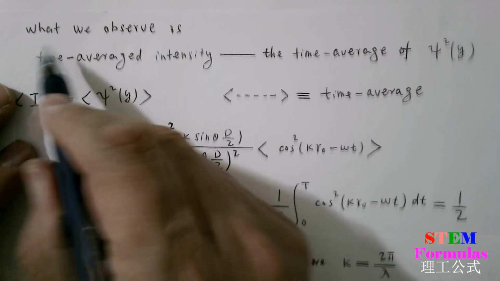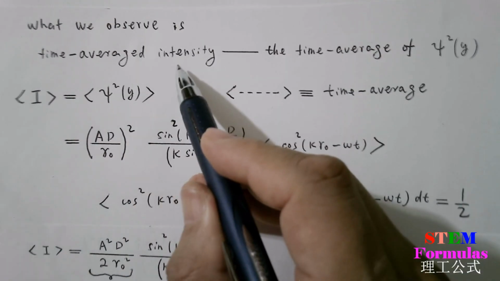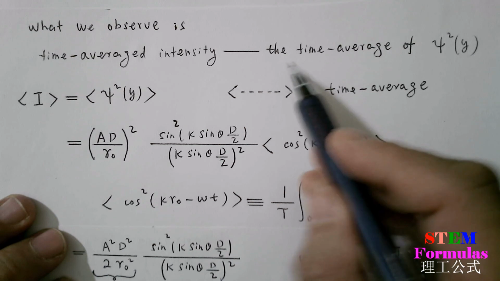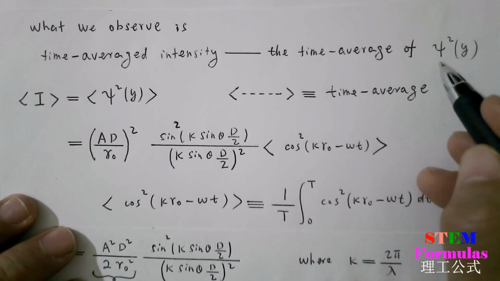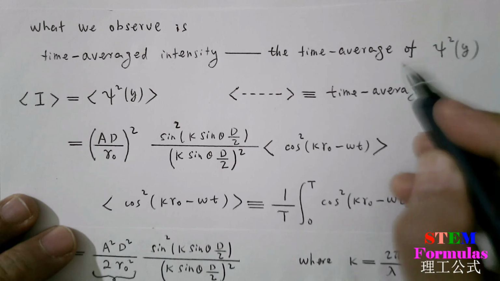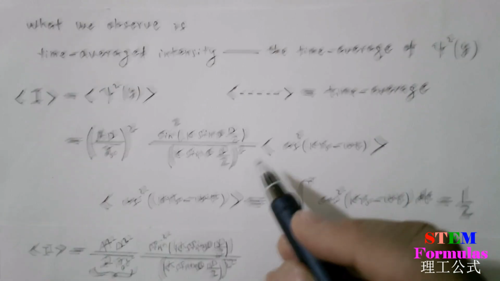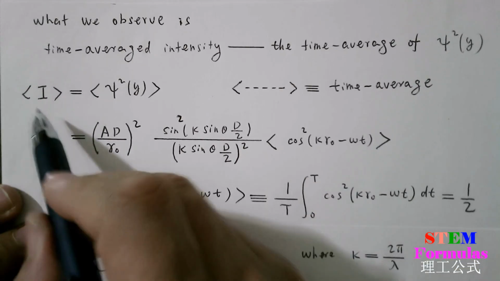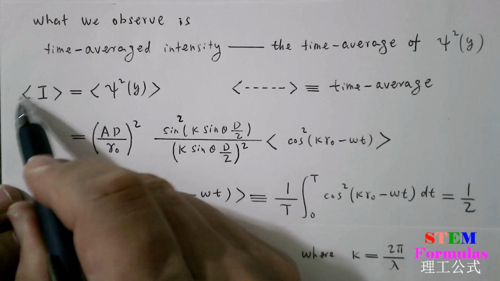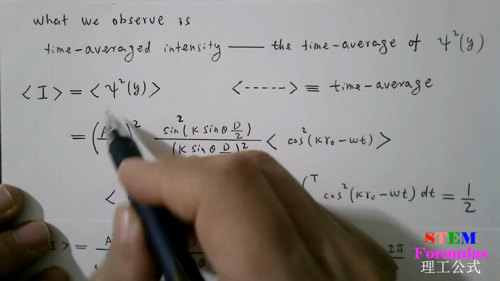What we observe by our eye is the time averaged intensity. That means the time average of psi squared at y. So what we observe, the amplitude we need to take the square, then we get the intensity.